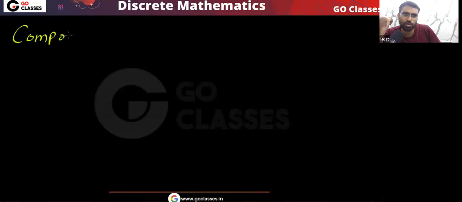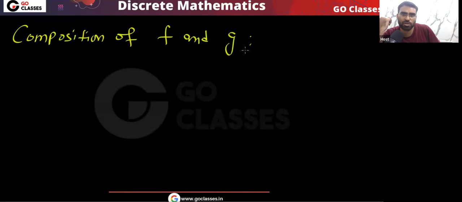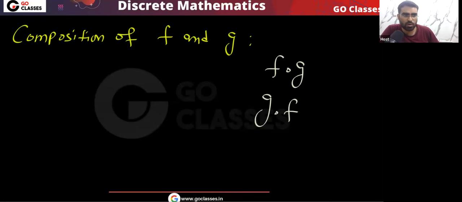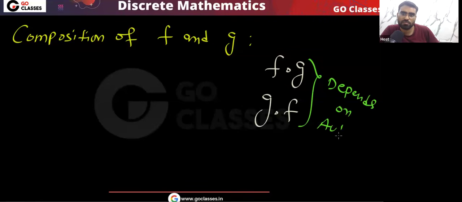When you say composition of F and G, this can be fog or this can be gof. It depends on the author. Is this clear? So this statement is actually ambiguous.